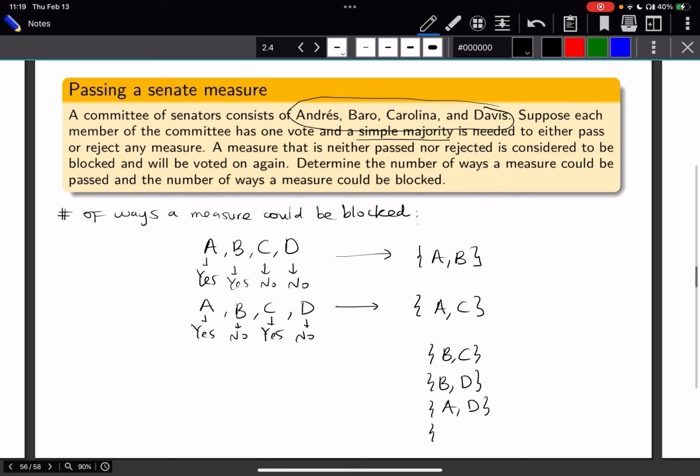A, B, A, C, A, D, B, C, B, D. I think we're missing C, D. Yes, there you go. 1, 2, 3, 4, 5, 6 scenarios. So there are 6 ways in which a measure gets blocked.